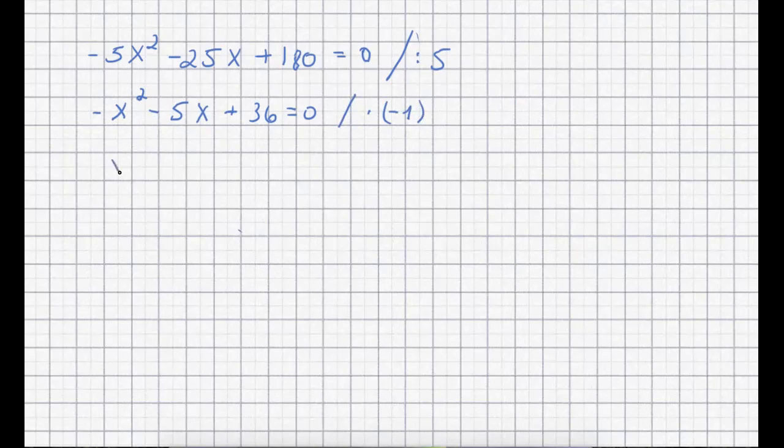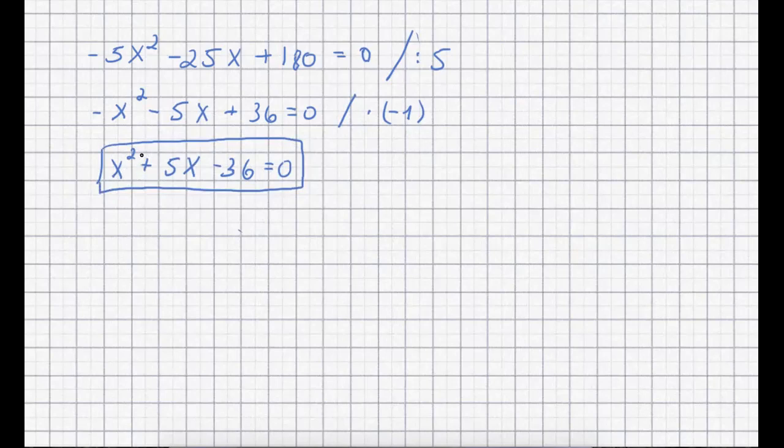Right. So it's going to be x squared plus 5x minus 36. And this is the way I like to get before I start with the ABC. I like the x squared to be alone and positive.